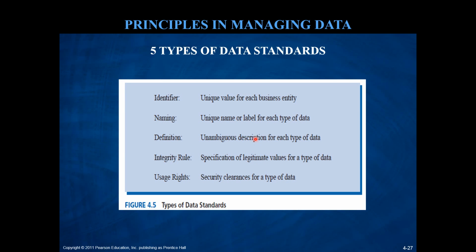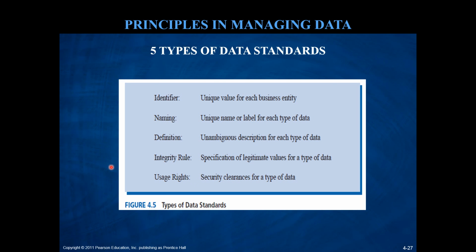And then, as a part of your collection of data standards, you need to specify usage rights, meaning who has ownership or access to which data. Otherwise, this can create a lot of confusion and a lot of security problems. For example, confidential data may be leaked because somebody who is not supposed to view the data got access. I'm not talking about theft or any kind of deliberate sabotage.